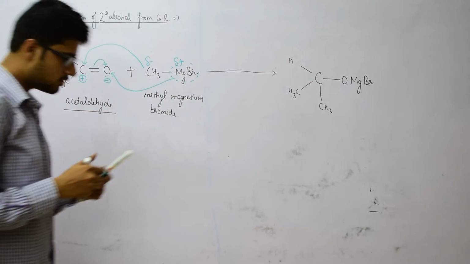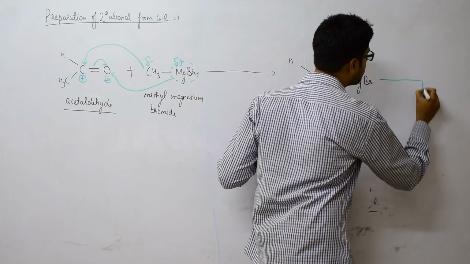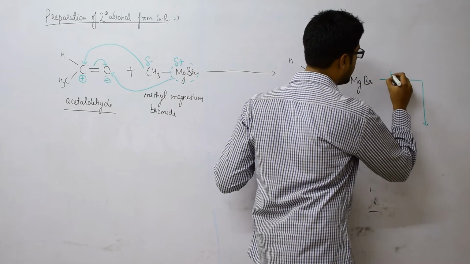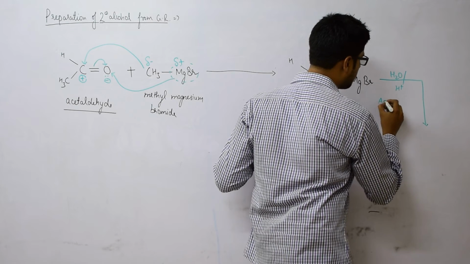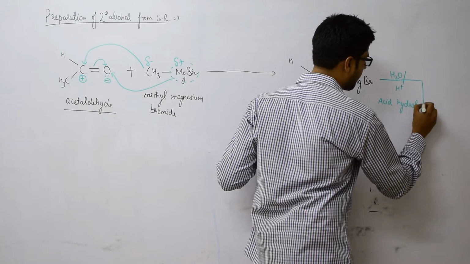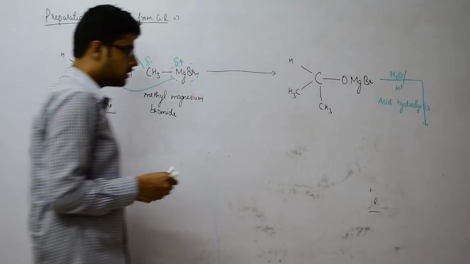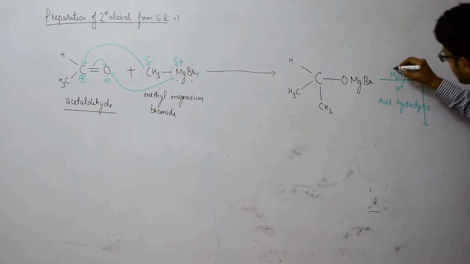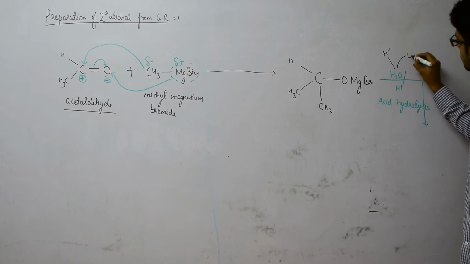Now this product is acid hydrolyzed. It is hydrolyzed in the presence of H plus ion, also called the process of acid hydrolysis. This water molecule would be dissociated into H plus ion and OH minus ion.